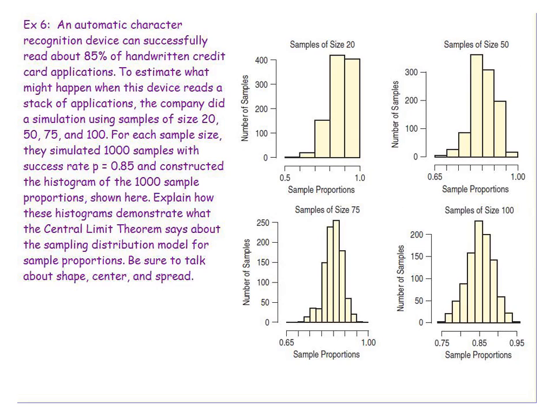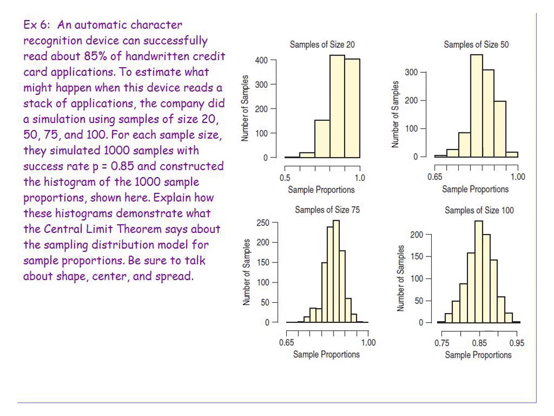So let's take a look at a very basic application of the central limit theorem. An automatic character recognition device can successfully read about 85% of handwritten credit card applications. To estimate what might happen when this device reads a stack of applications, the company did a simulation using samples of size 20, 50, 75, and 100.